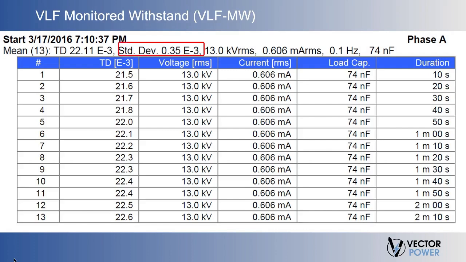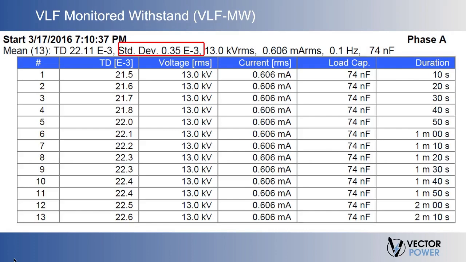Here, the standard deviation has grown to 0.35, which is throwing us into the category of further study, further investigation, and actually beginning to borderline into the areas of action required. Also, we see, again, a rather significant tip-up occurring in the tan delta value. We now see the tan delta sitting at around 22.